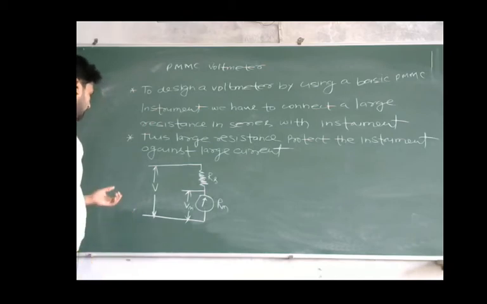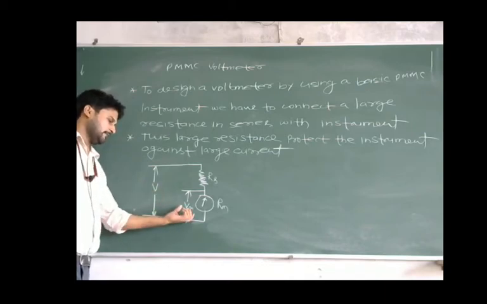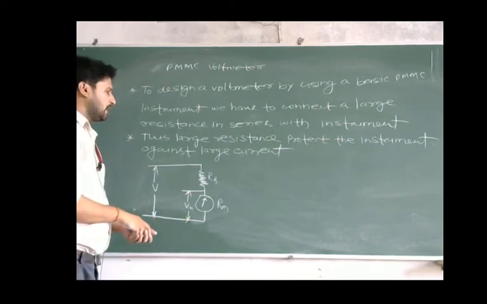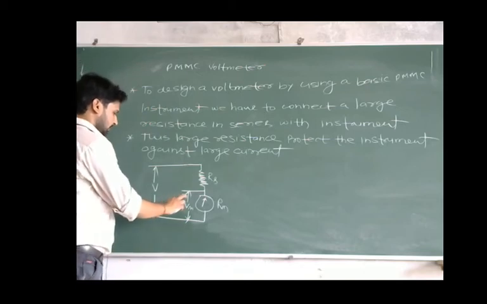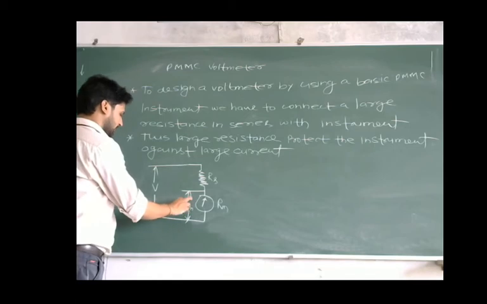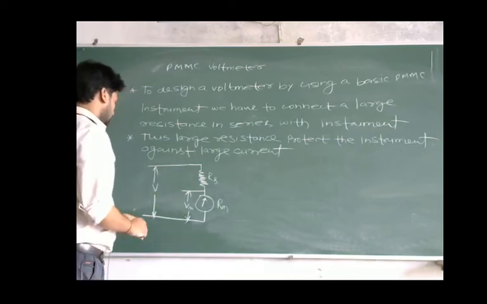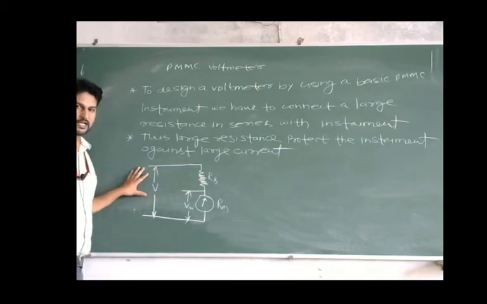Because we have to measure this voltage, what will the instrument measure? The instrument will measure this voltage, so we have to calculate a multiplying factor. After multiplying this voltage Vm by the multiplying factor, we can find out V. This V is the total voltage which has to be measured.